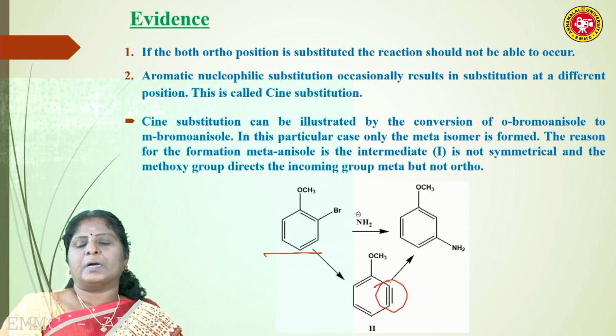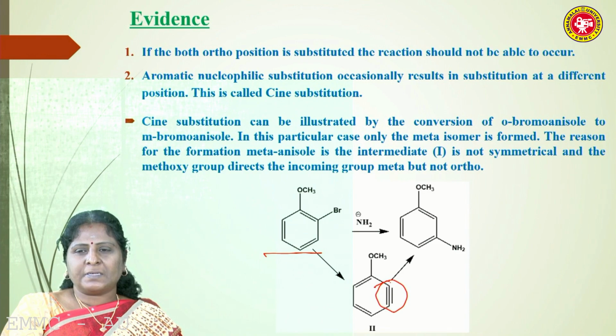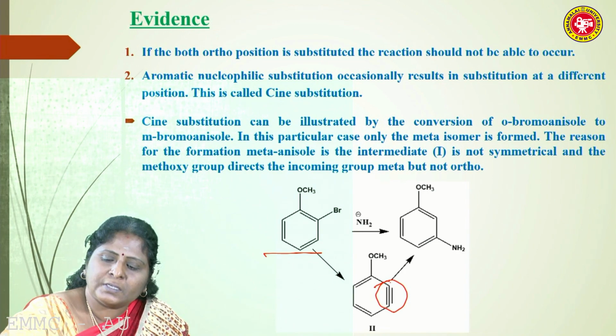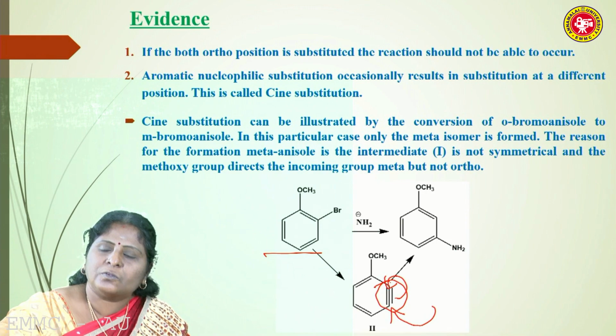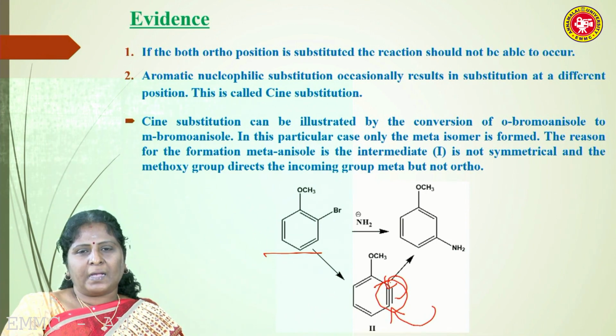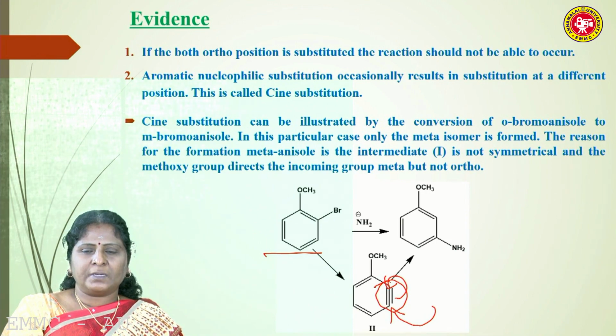So the group which is already present is the methoxy group, that is an electron donating group. So the incoming group, NH2 minus, approaches this carbon atom, and the proton will be shifted here. So the product is found to be meta-anisidine and not ortho-anisidine.